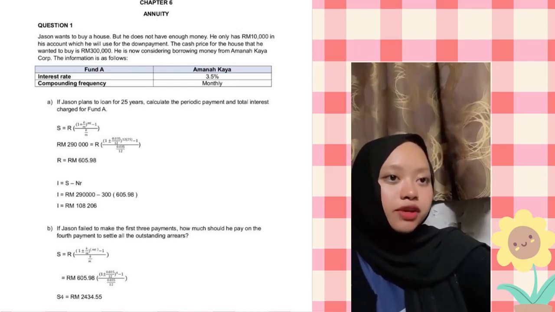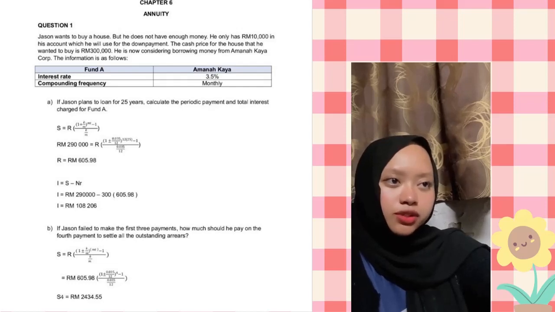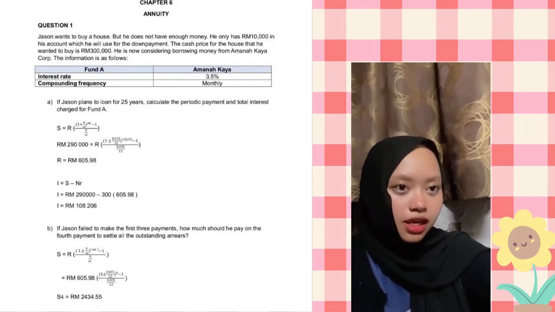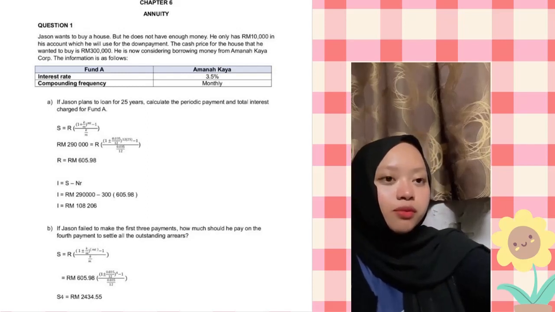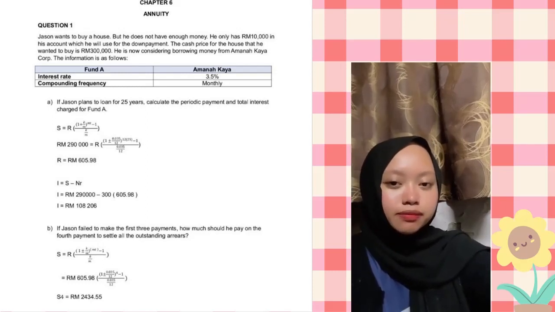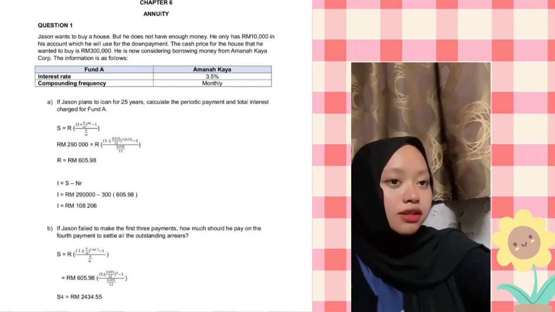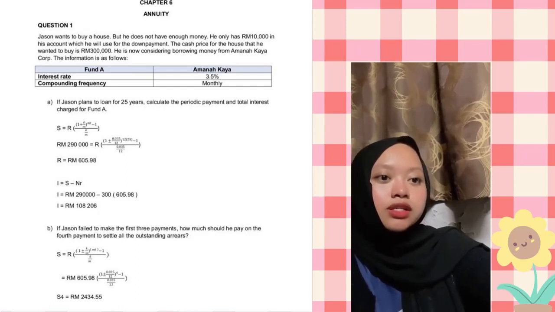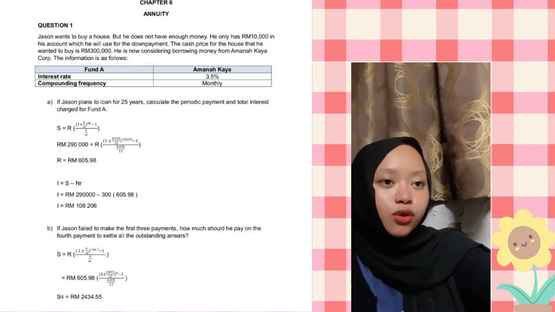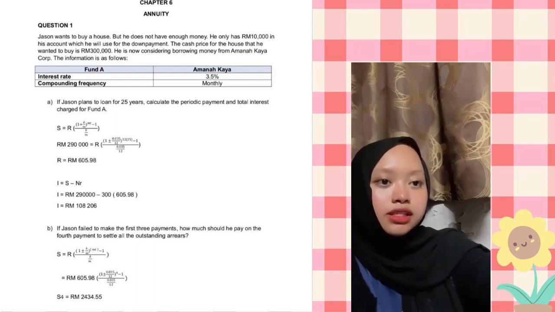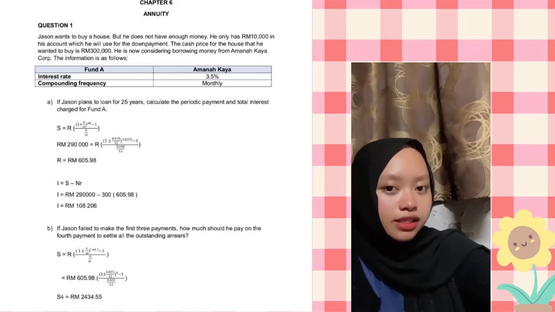Question B. If Jason failed to make the first 3 payments, how much should he pay on the 4th payment to settle all the outstanding arrears? So the formula is S equals R times (1 plus k divided by m, minus 1) divided by (k divided by m). So our R is 605 and 98 cents.